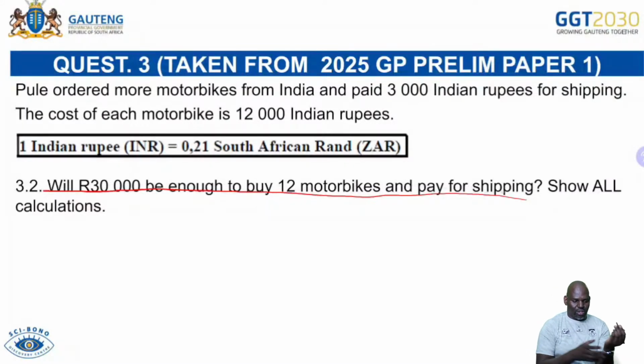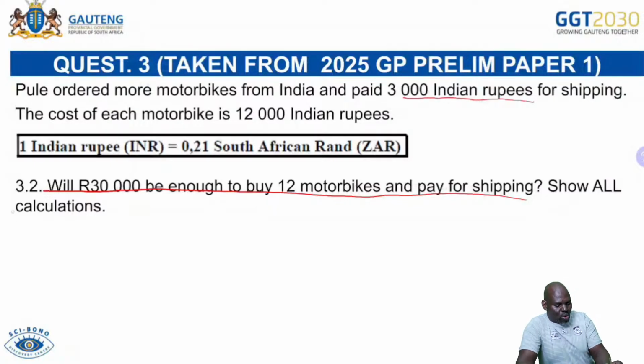Show all calculations. Then it means now what we need to do is convert the number of rupees to rands. First, we must calculate the cost of shipping in rands.